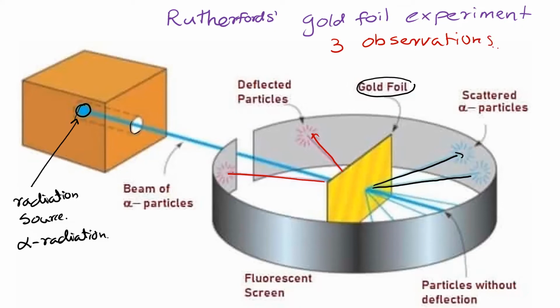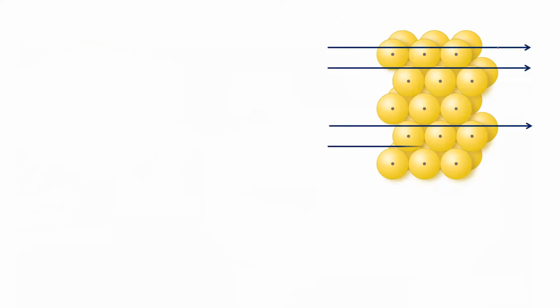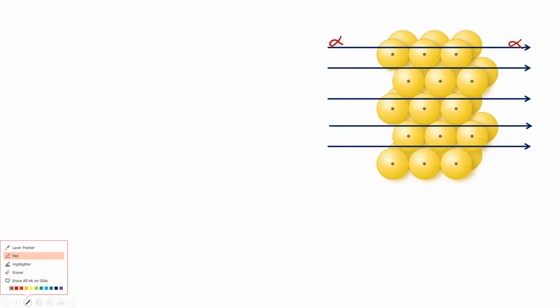Now we are going to look into what these observations are and what they are going to mean. So I mentioned that when alpha particles are shot at the gold leaf, the majority of these alpha particles went through the gold foil.